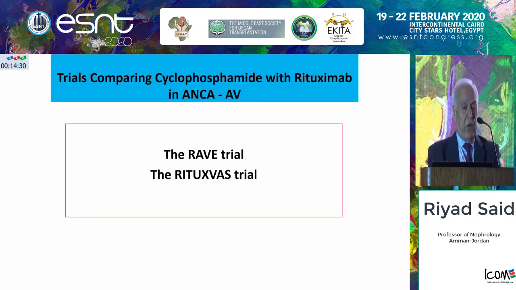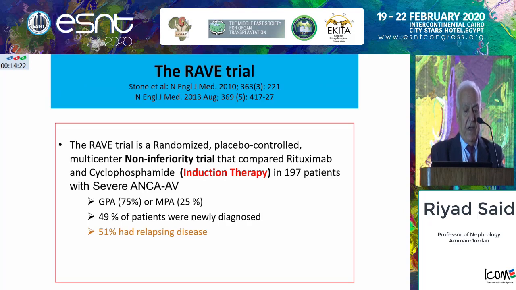Now, where do we stand with ANCA-related vasculitis? There are a couple of randomized controlled studies, the RAVE and the RITUXVAS. The RAVE trial is a randomized, placebo-controlled, multicenter non-inferiority trial comparing rituximab with cyclophosphamide as induction therapy in patients with severe ANCA vasculitis.